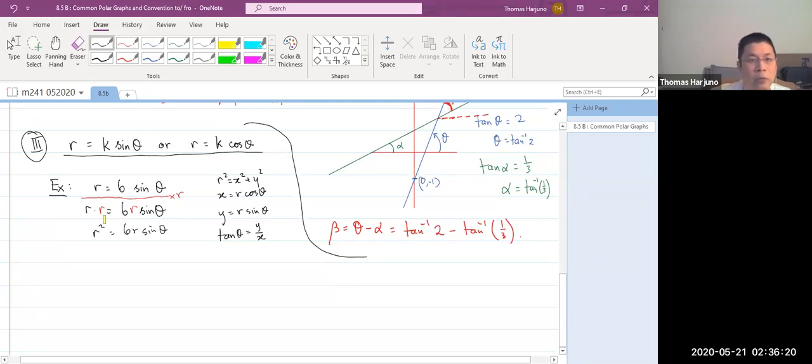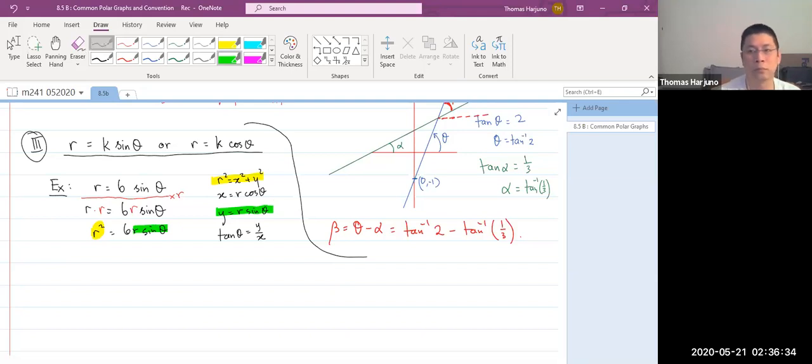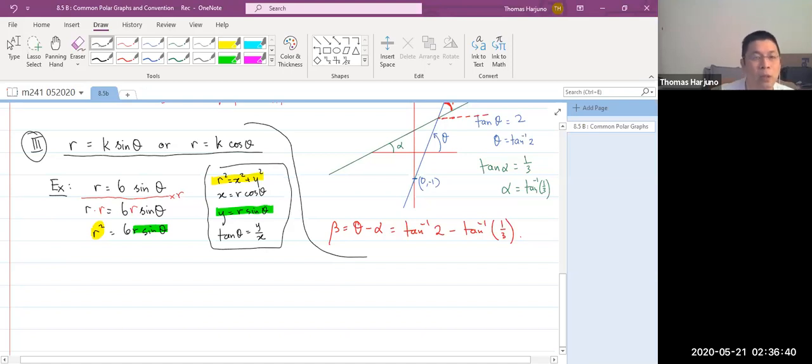This becomes my red color, my yellow color, and this becomes my green color. So on the left-hand side, I get x squared plus y squared equals 6y.